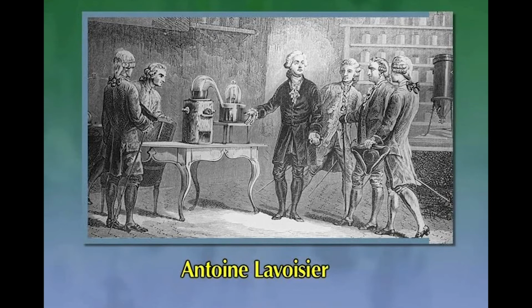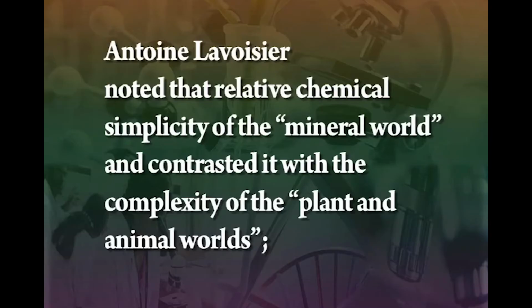By the late 18th century, certain chemists had concluded that the composition of living matter is strikingly different from that of the inanimate world or the inorganic world. Antoine Lavoisier, from 1743 to 1794, noted the relative chemical simplicity of the mineral world or the inorganic world and contrasted it with the complexity of the plant and animal world.